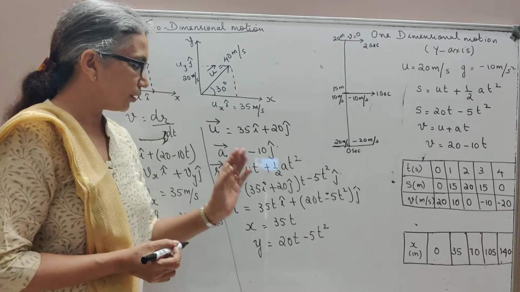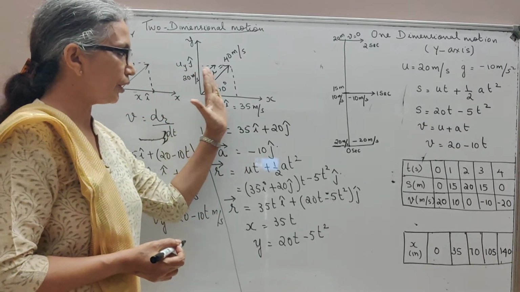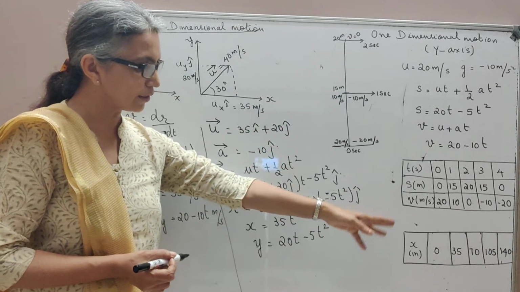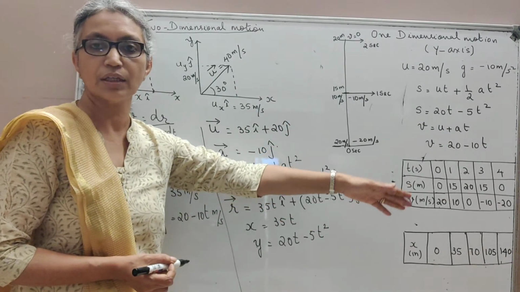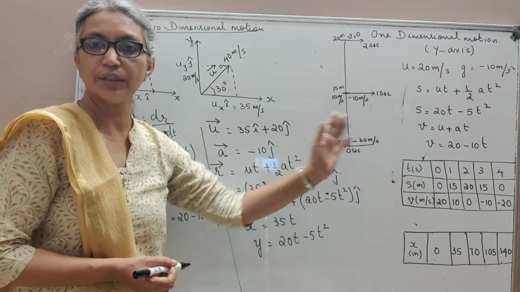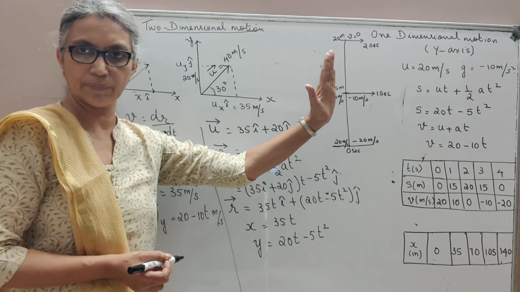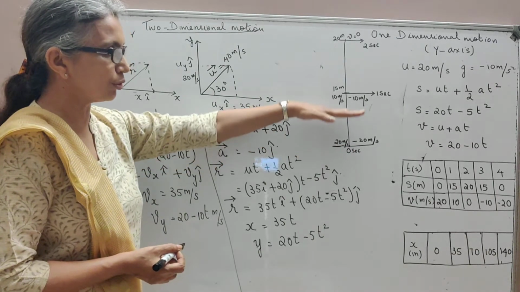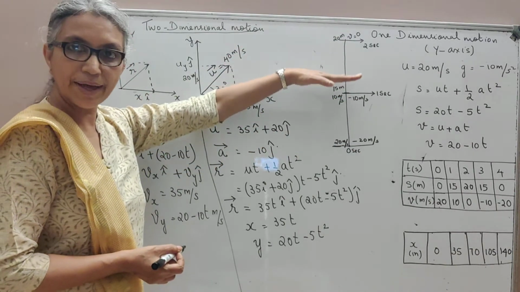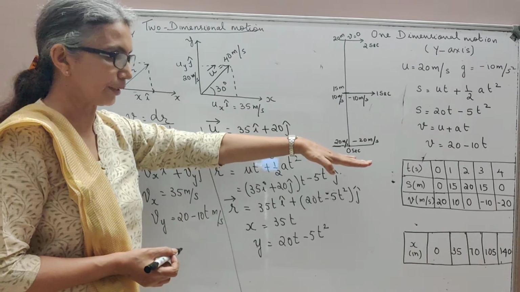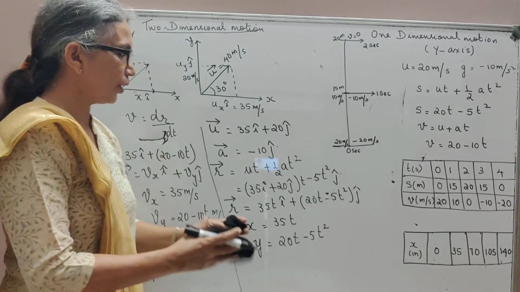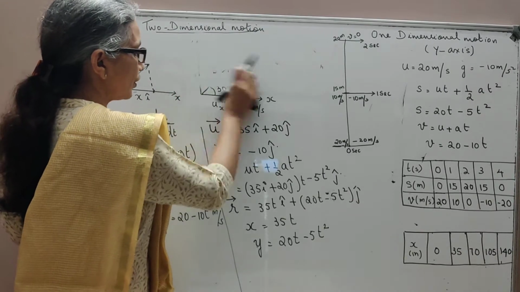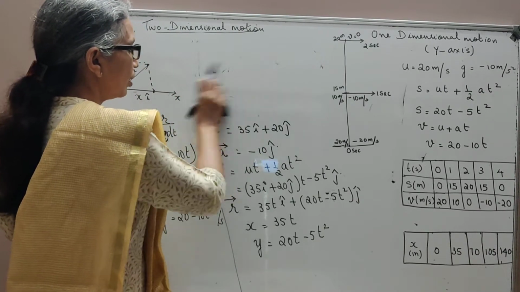So this body is traveling along the x-axis, the displacement increasing as 0, 35, 70, 105 and 140 meters from the origin. But the y component is going from 0 to 15 meter to 20, back to 15 and back to 0, sorry.